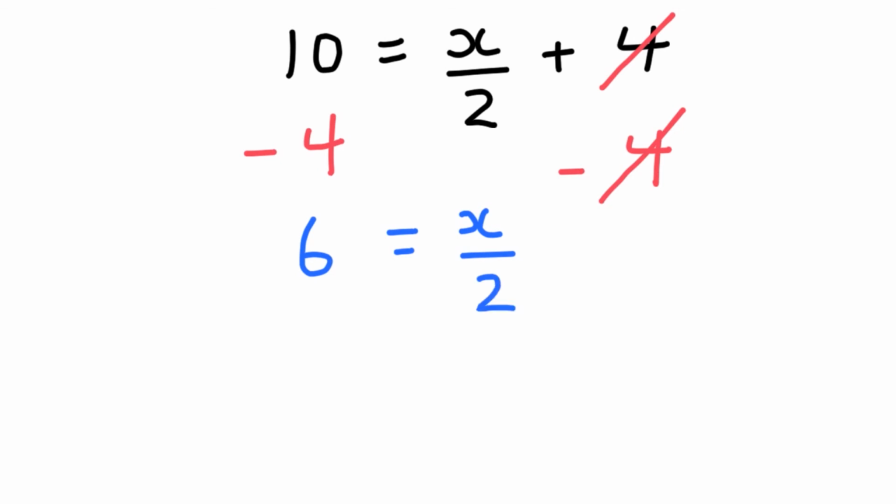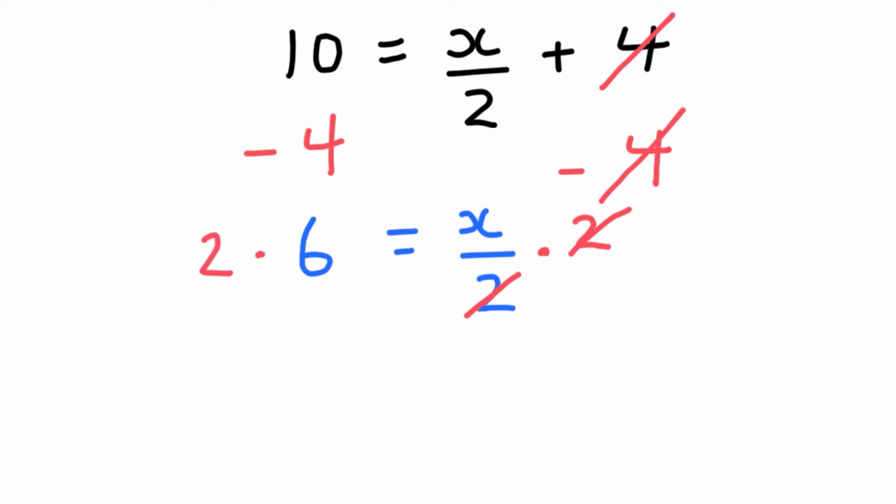Now, I still need to get x by itself. I have x divided by 2. I need to do the opposite, so I'm going to multiply by 2. This little dot just means multiplication when you're doing algebra. So I have a 2 on top, 2 on bottom. These are going to cancel. And I also need to multiply by 2 on the left side.